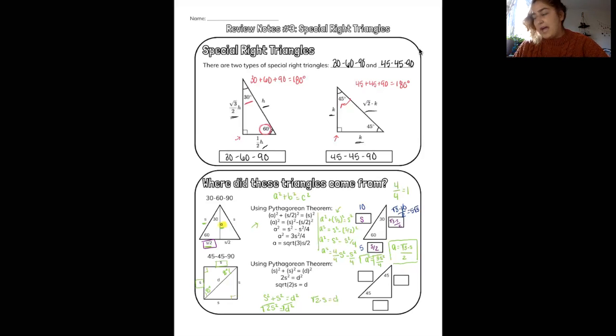So if we look at the side lengths of the triangle, right, we end up with root 2 times the side length, and then these two sides match, because a square cut down the diagonal is really just two isosceles triangles, right? So isosceles meaning that these two side lengths are always going to be the same. So that's where that pattern comes from.